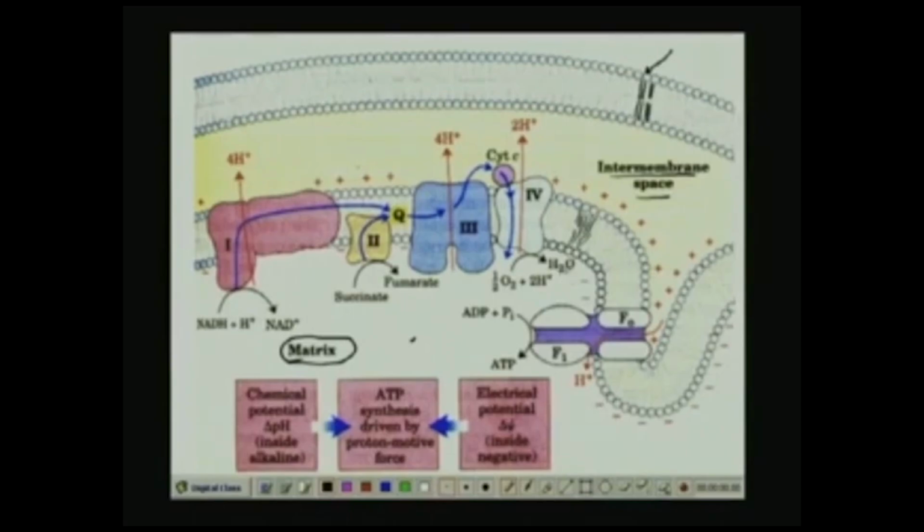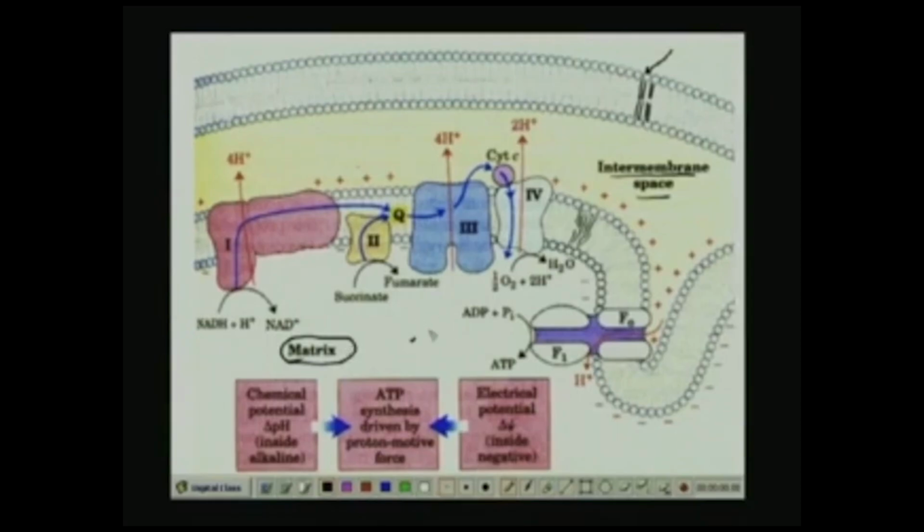Fine. We also have an electrical potential due to the charge difference at both ends inside. The inside meaning the matrix and the intermembrane space. Now, if you look at this, both actually are inside the mitochondria, but this is the intermembrane space and this is the matrix, the cytosol. Okay?